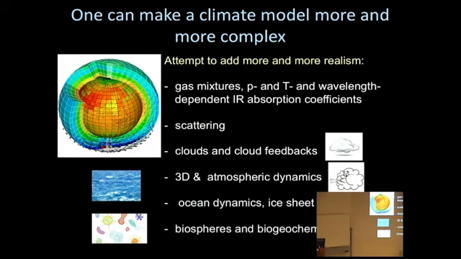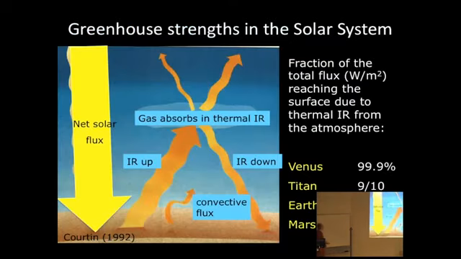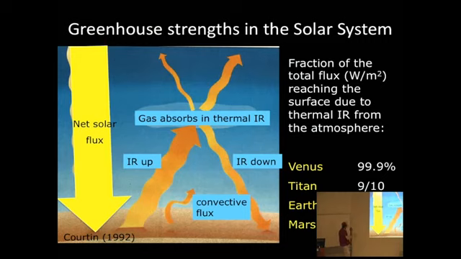So let's have a look at relative greenhouse effects on other bodies. One way to think about that is the fraction of the total flux reaching the surface due to thermal infrared from the atmosphere. In other words, the atmosphere absorbs in the thermal infrared, and that infrared coming down warms the surface in addition to the solar flux that's coming in.